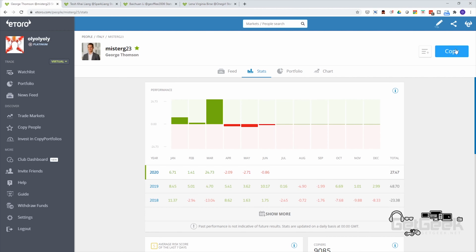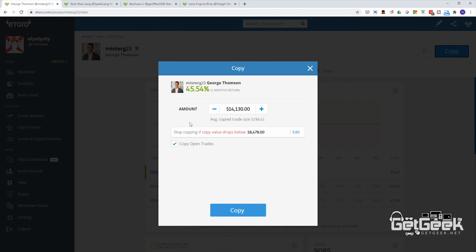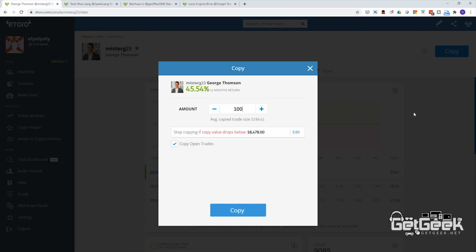So say you're happy with someone and you decide you want to copy them. What you want to do is you go to copy up here. Now you've got a few options when you get into here. So firstly is the amount you want to copy that person with. So this is my virtual account, so I'm just going to go with $1,000 for now. And below it will say your average copied trade size. So say for example, this guy, Mr. G, let's use a round number.